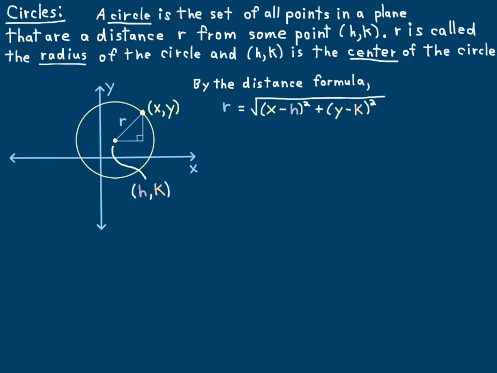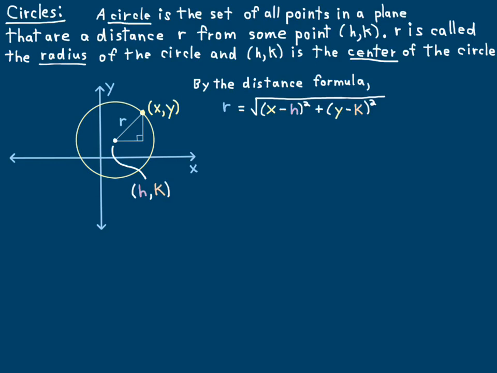You just have to temporarily fix x and y and not let them move for a moment. Figure out what the distance is, and then you can let it move and figure out the distance again, etc. Every single point on the circle has to satisfy this formula.